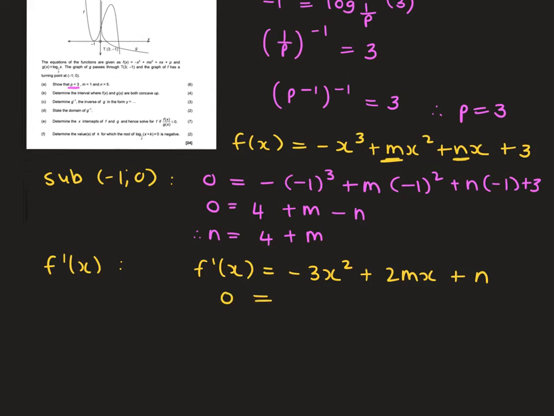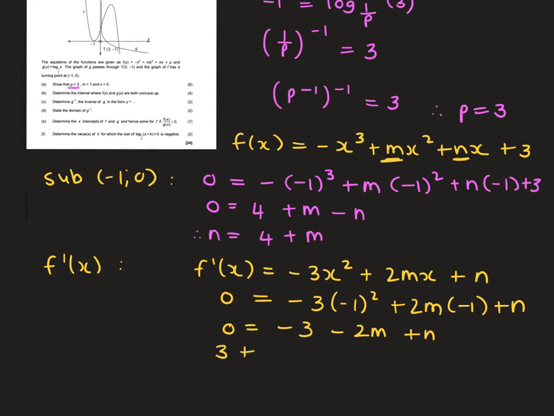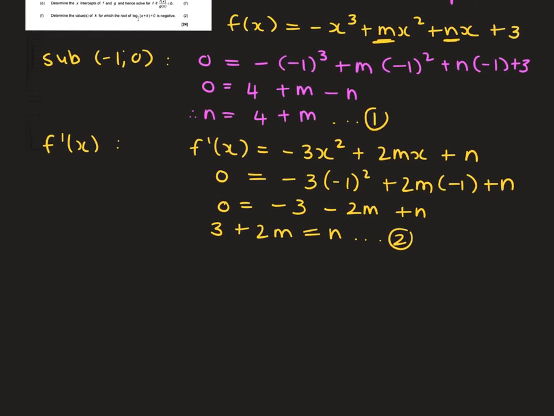So 0 will be equal to -3 times (-1) squared plus 2m times (-1) plus n. If we simplify this, it becomes -3 minus 2m plus n, and I can make n the subject of the formula again. Amazing. 3 plus 2m is equal to n. So now I've got my two equations, two really easy linear equations that we need to solve.